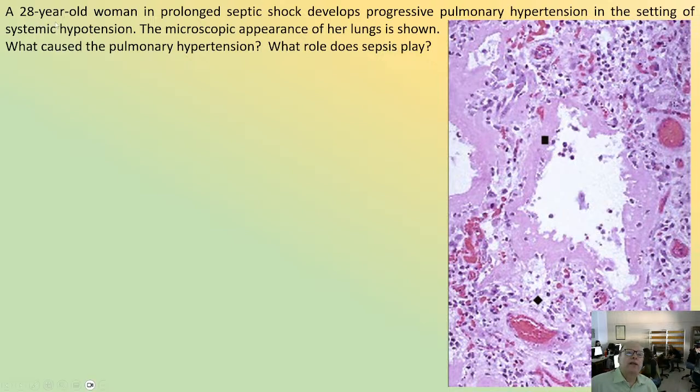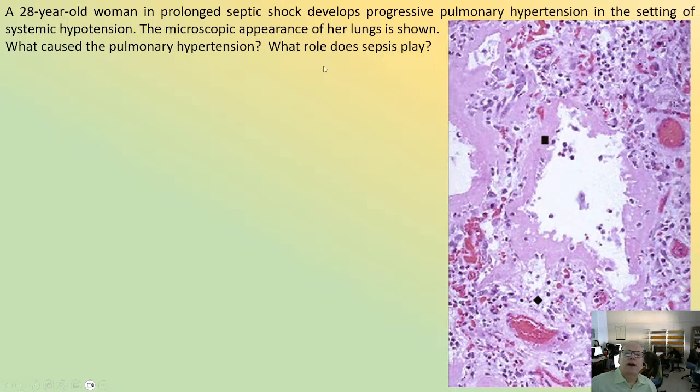So we have a 20-year-old woman with septic shock, and she has developed pulmonary hypertension while being in shock. That means being in shock, she was hypotensive. This patient developed pulmonary hypertension due to this diffuse damage, which probably affected the microvasculature of the lung. That's why she showed pulmonary hypertension.